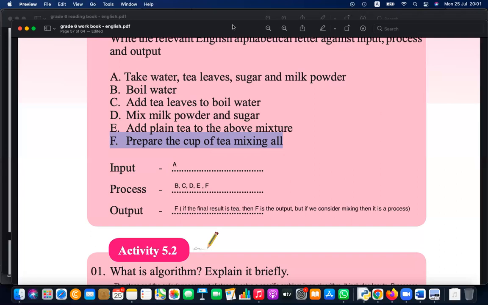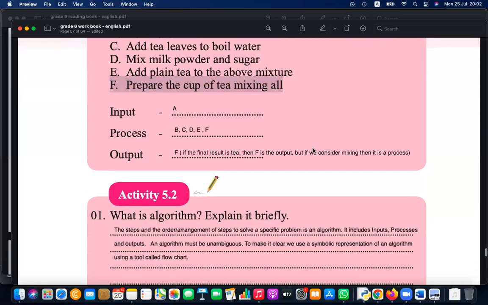A method that includes all the steps of solving problems. Yes, very good. A method that includes all the steps to solve a problem. So that is what the algorithm is, right? You can write down that.